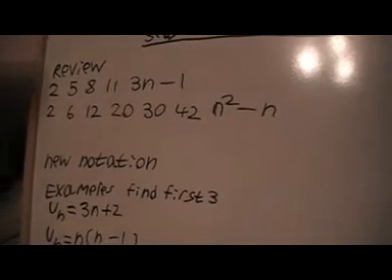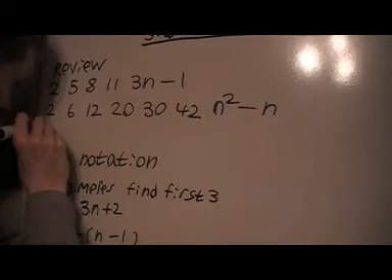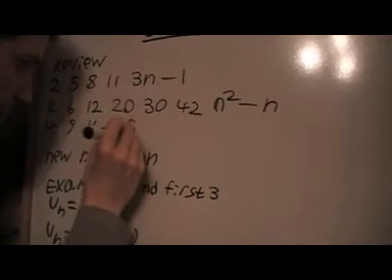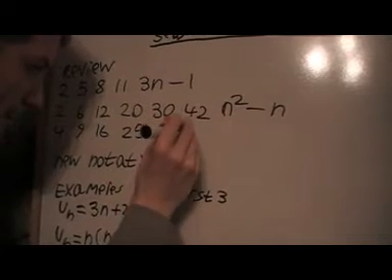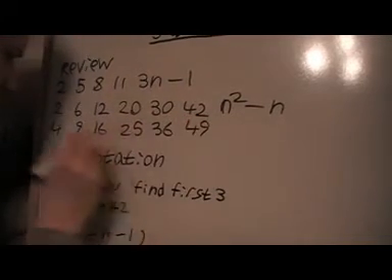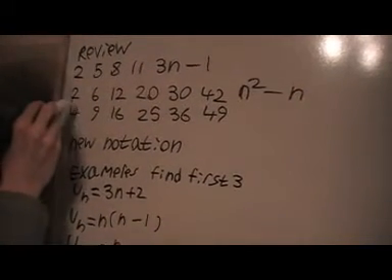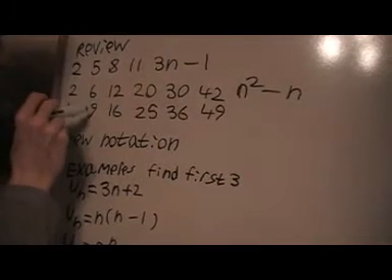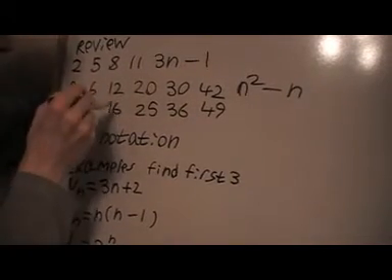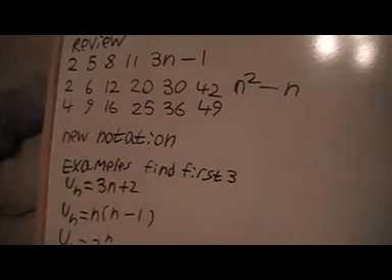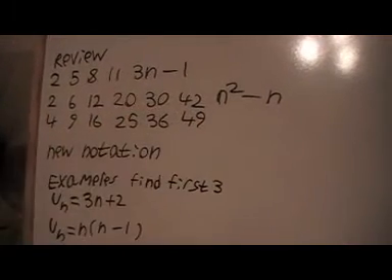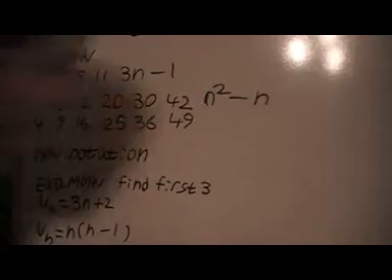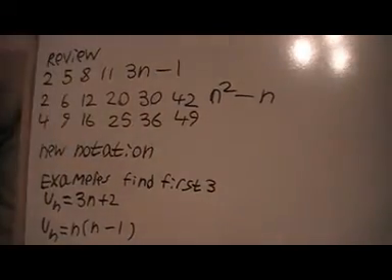Notice that the square numbers here, that's 2 squared, and if we subtract 2 that gives us a 2, and if we subtract 3 there that gives us a 3, 4 there that gives us a 12. So that is the right rule, and you should be able to see pretty clearly that the rule will work.